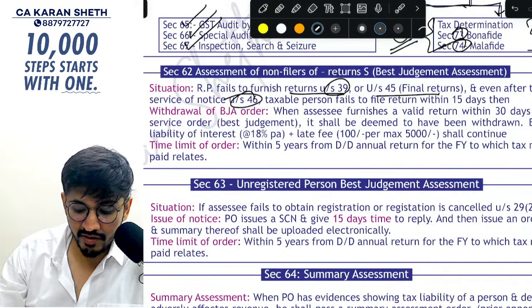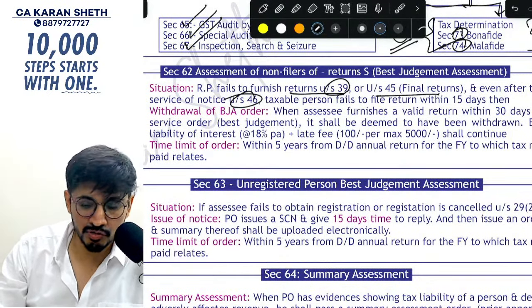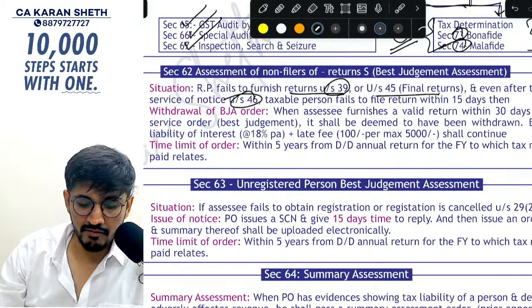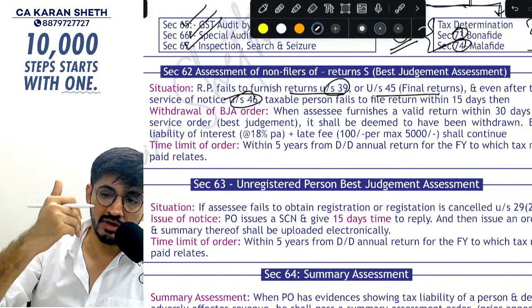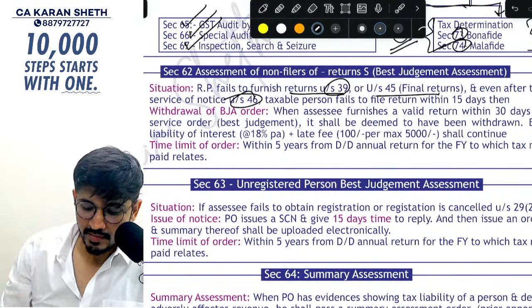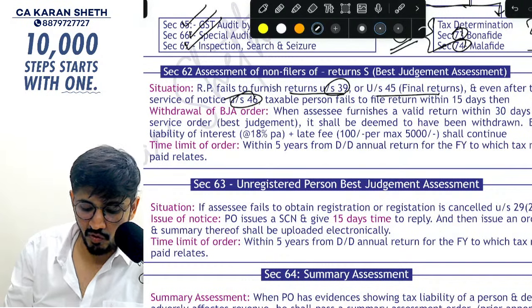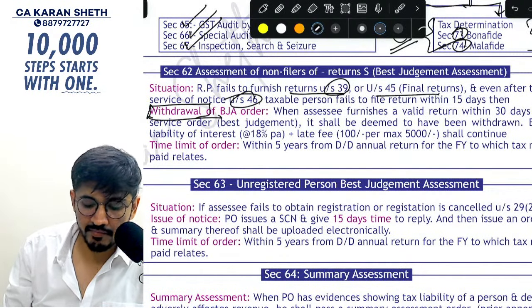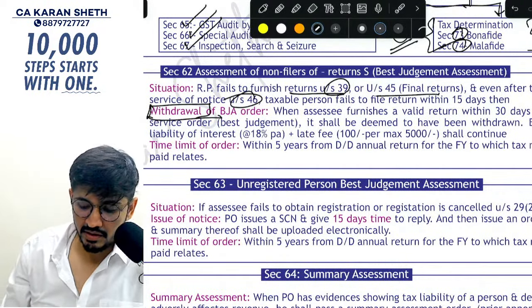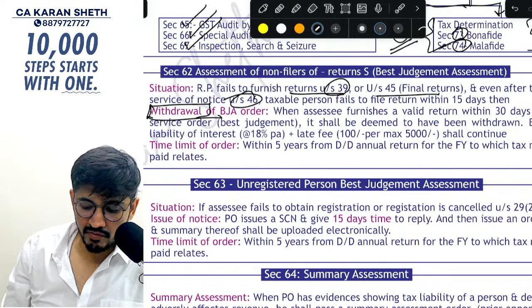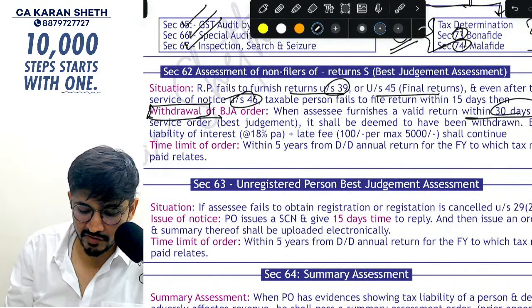Okay, now there is only one way you can salvage this situation. Whenever the best judgment assessment order is passed, within 30 days, file an application for withdrawing the best judgment assessment order, right? Within how many days? 30 days of service of the order.